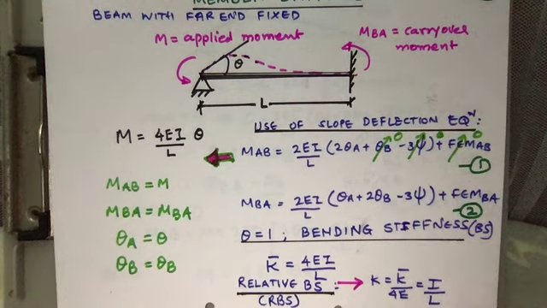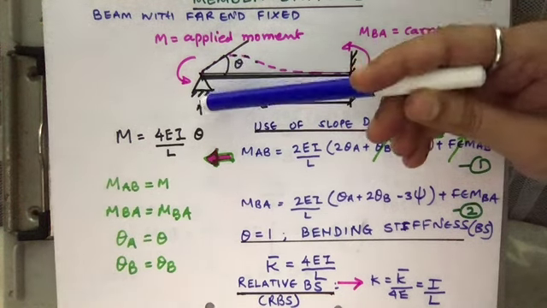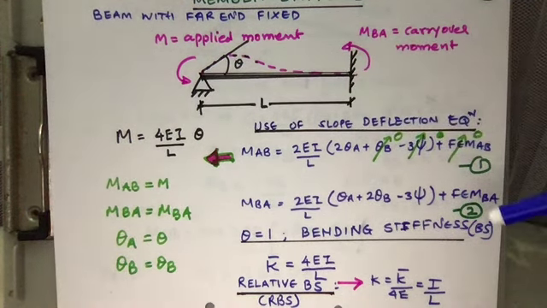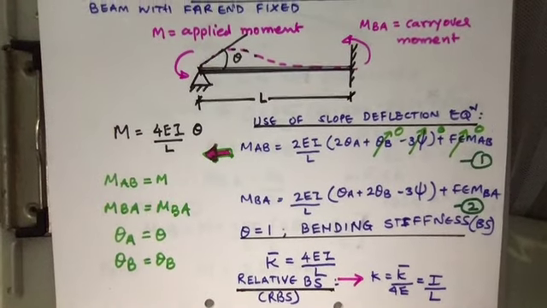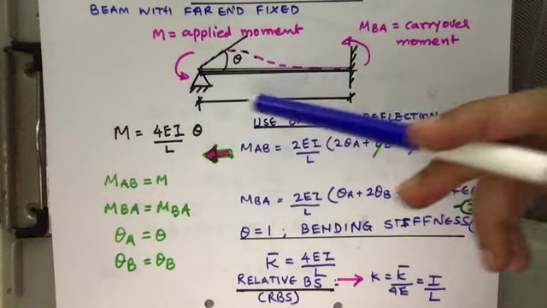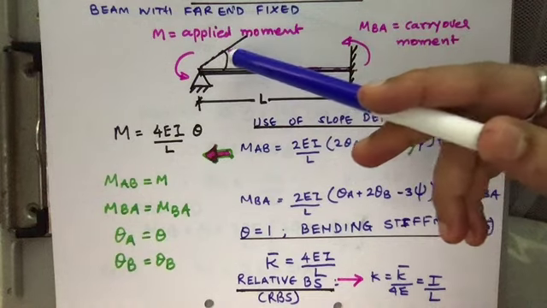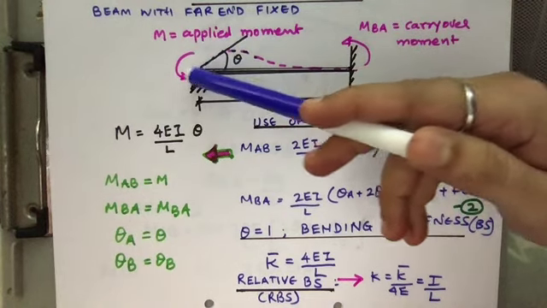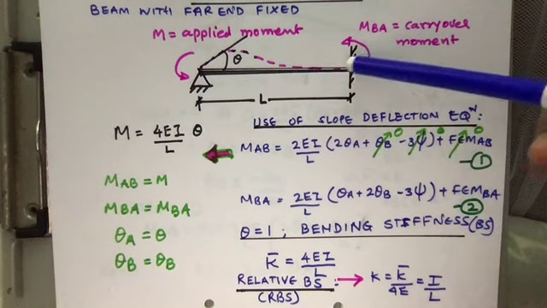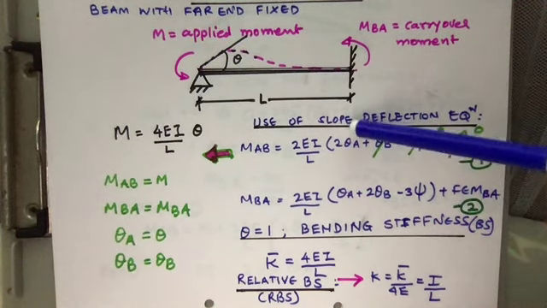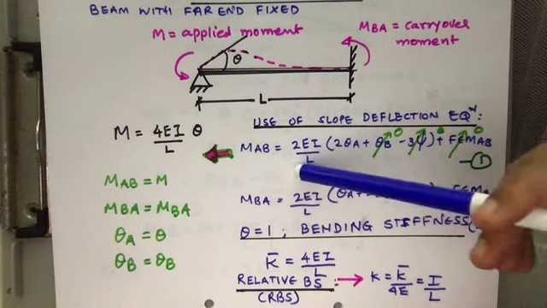Now member stiffness. Consider one beam where one support is hinge and the other support is fixed. This moment is applied in anti-clockwise direction and there is a rotation over here. We are again going to use the slope deflection equations, which are MAB and MBA.